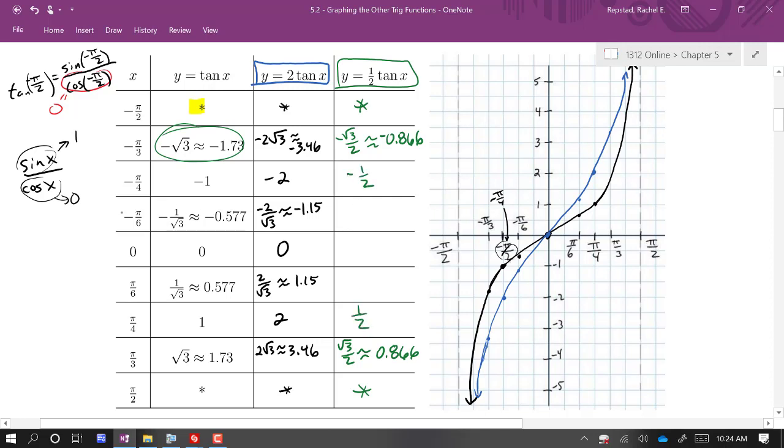And then at pi over 6, it's 1 over root 3, so I'm going to multiply that by 1/2. So at positive pi over 6, we're at 1 over 2 root 3. At negative pi over 6, we're at negative 1 over 2 root 3.